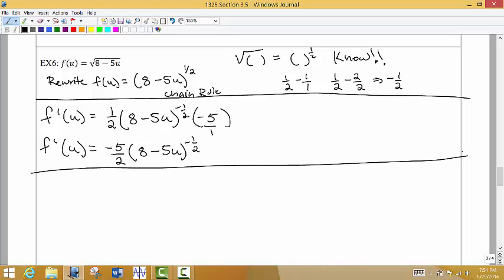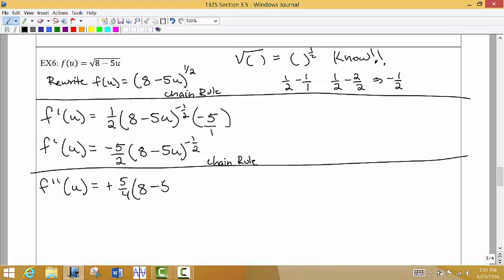Alright. Now I'm going to go and take the second derivative. So I'm going to put 2 marks there. Remember, I'll be looking for that on the exam. And now I'm going to use the chain rule again to take the derivative again. So I'm going to multiply exponent times what's out front, that constant out front. A negative times a negative is a positive. Top times the top is 5. Denominator times denominator, I get 4.